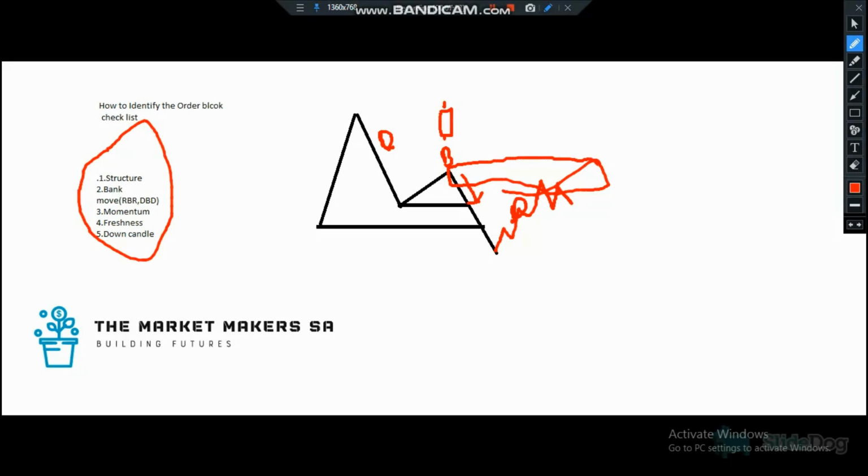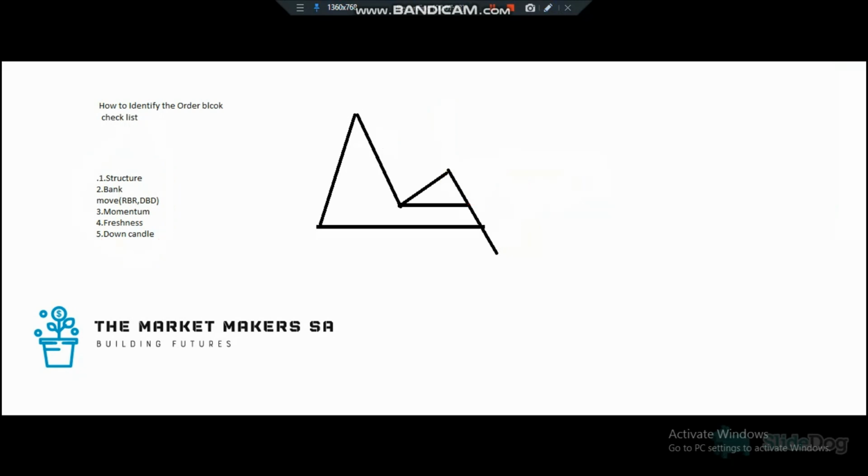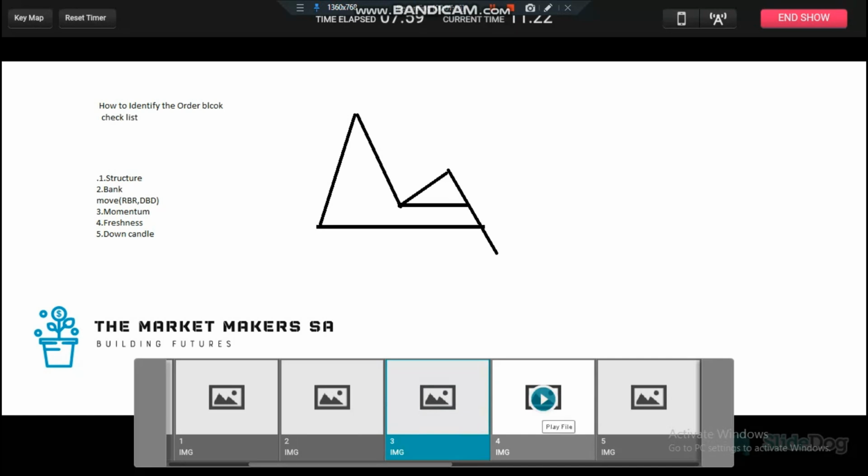So if candles here, let's say for instance, were green, red, then the last candle needs to be a green for the market to go down. That officially becomes your down candle, confirming and making your order block even stronger. So that's what the down candle really is. That's our checklist of how to identify order blocks.